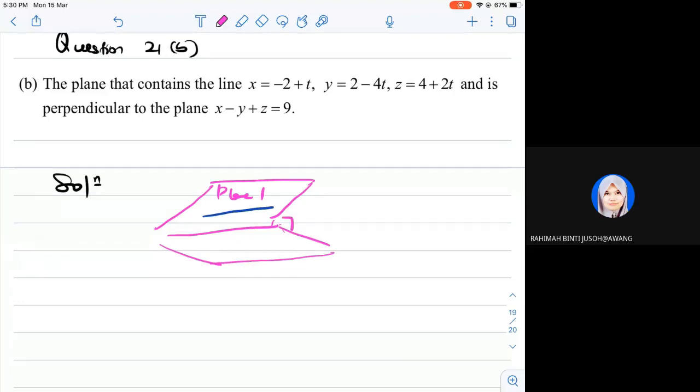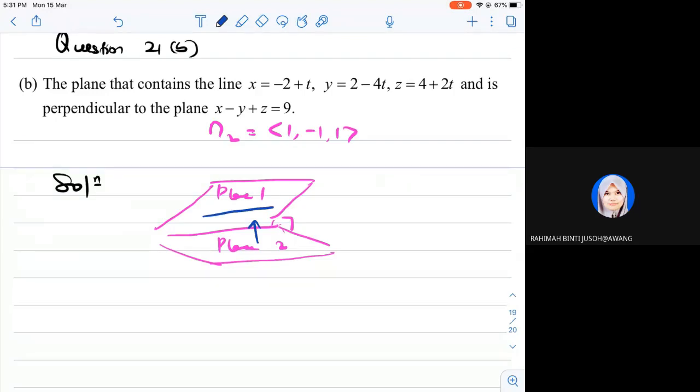Dia perpendicular. And then plane yang kedua ni guys, dia ada satu perpendicular vector lah. You faham tak? Untuk dapatkan plane yang kedua ni, ini adalah normal vector untuk plane yang kedua kan? So 1, -1, 1. Okay? Normal vector ni, dia bukan normal vector bagi first plane tau.